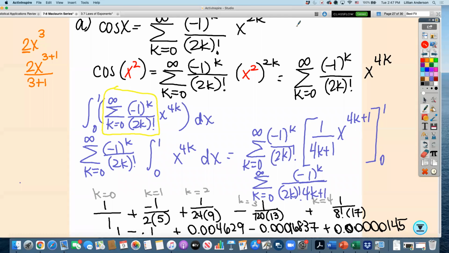There's a correction on this one. It should have been 0.0016,837. So to 4 decimal places, you should get 0.9029, I believe. No. There we go.